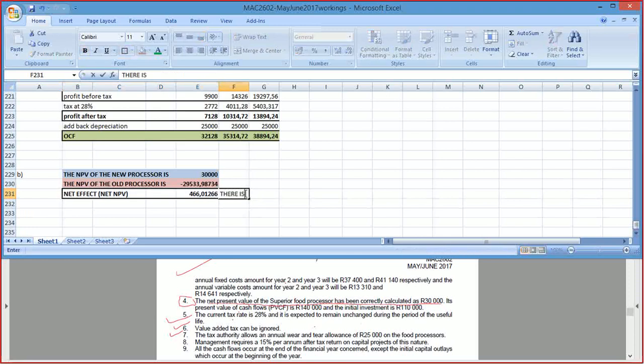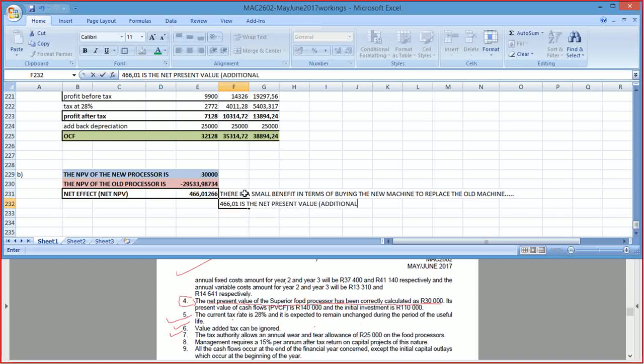So there is a small benefit in terms of buying the new machine to replace the old machine. 466.01 is the net present value, brackets, the additional benefits created.